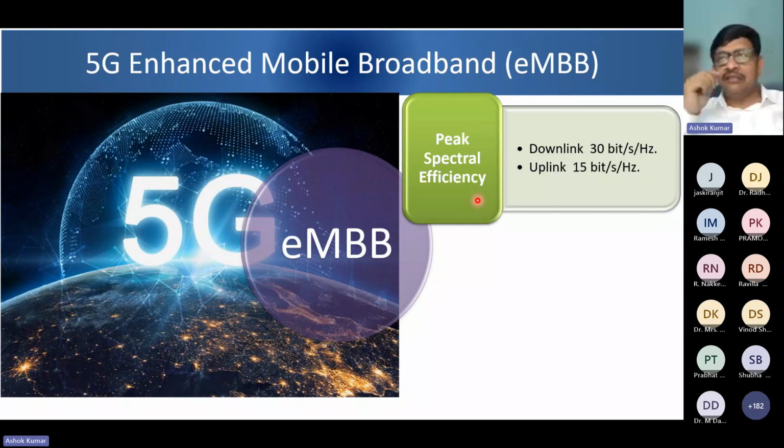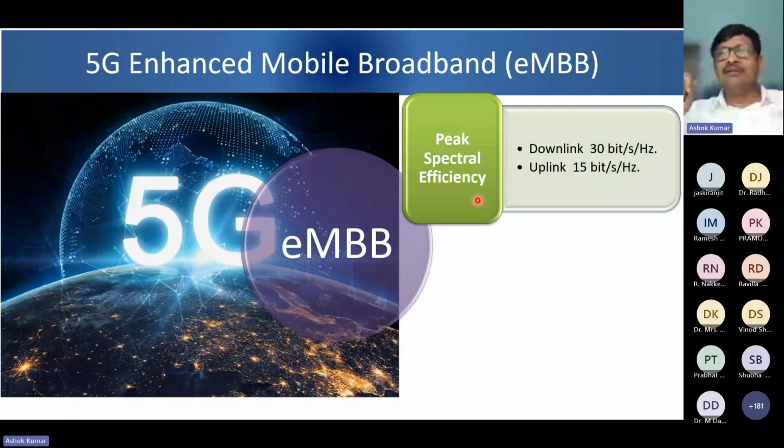And now let me give you one case: in India, Airtel and Jio have 100 megahertz spectrum in midband. So with 100 megahertz spectrum, how much peak data rate can they achieve with 30 bit per second per hertz? 100 megahertz into 30 bit per second per hertz, how much will it come? Yes, you are right. It is 3 Gbps or 3000 Mbps.